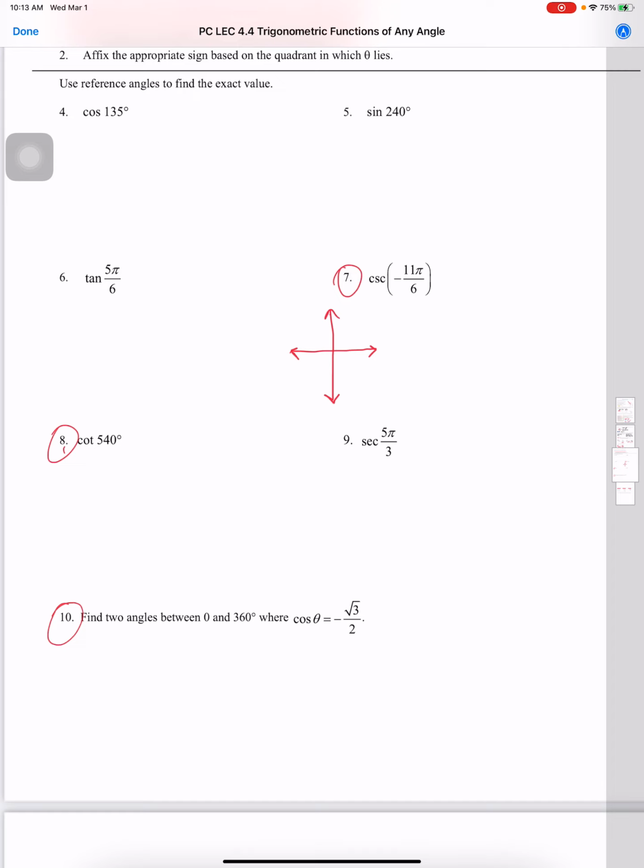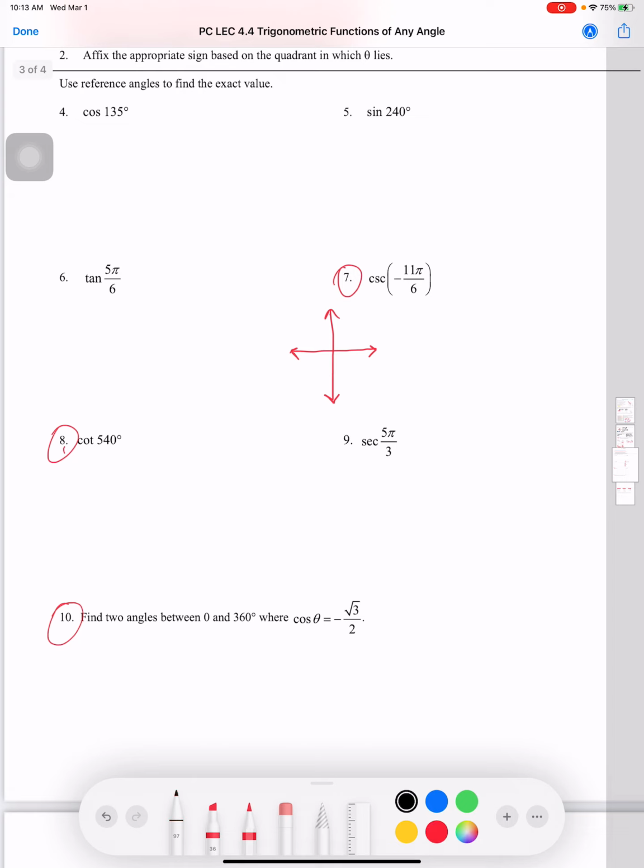But if I look at the unit circle, the way I would look at this is that I notice, let me pick a different color, I notice that 11/6 is down here somewhere. 11/6 pi. But we want negative 11/6.